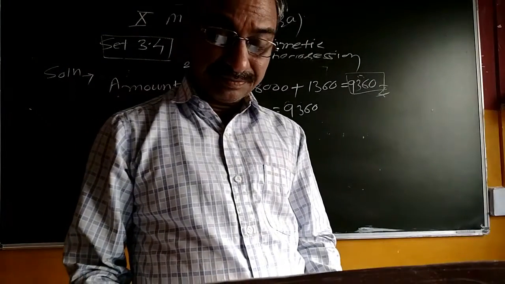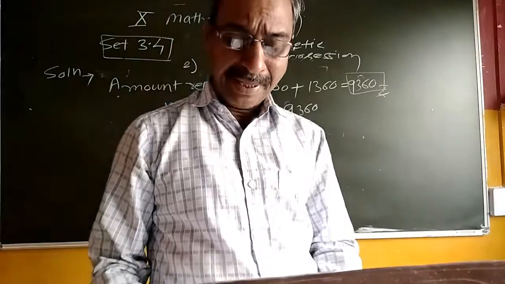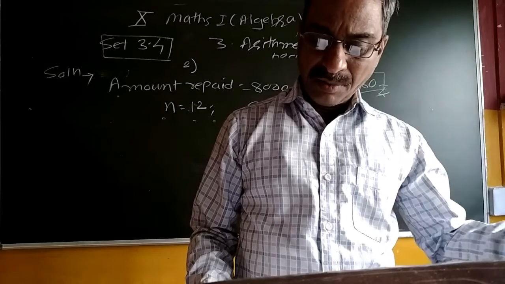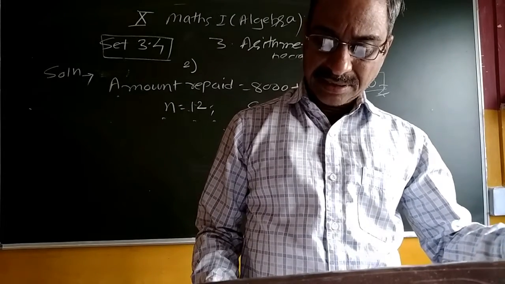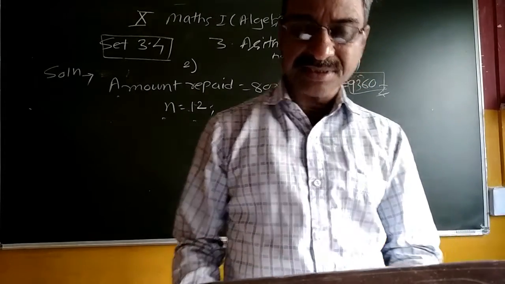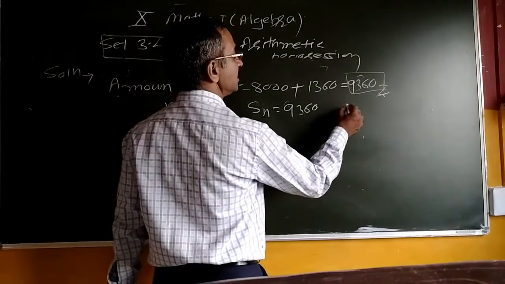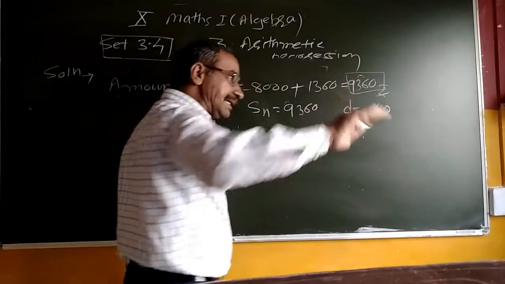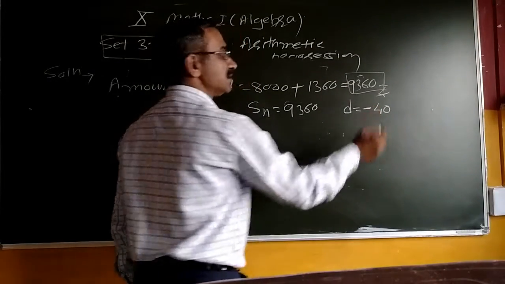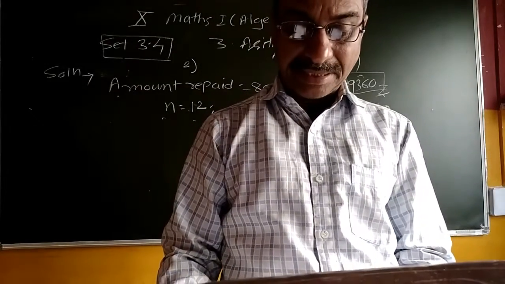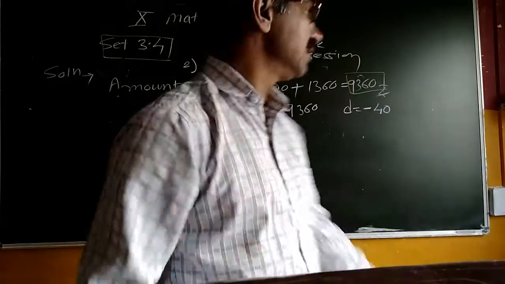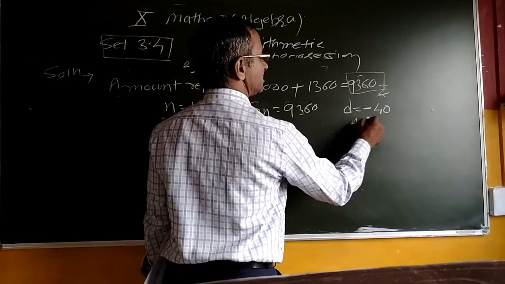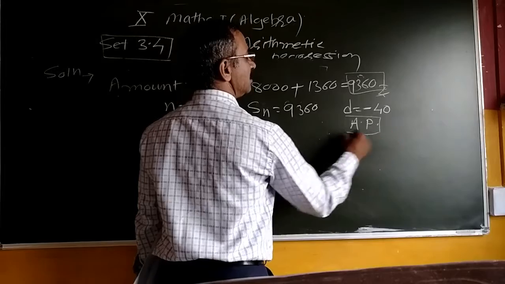They said that when we are paying the installment, then each month there will be some decrease in the amount of the installment. Here rupees 40 is the difference. So d is equal to 40, but it is decreasing, so we are taking the sign minus here, d is equal to minus 40. The difference is constant, so it is an example of an AP. So it is an AP.